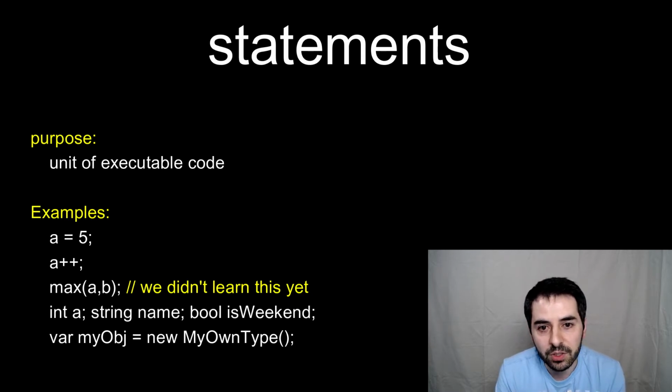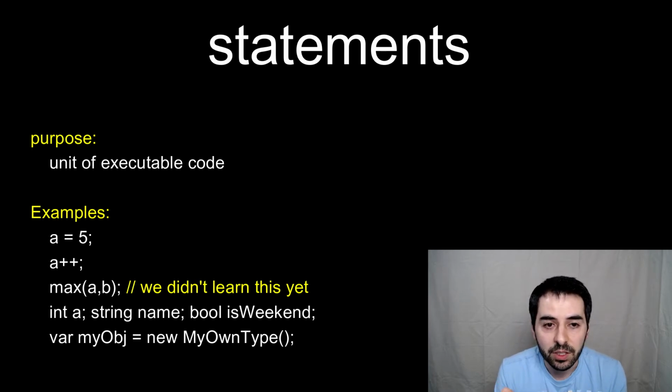So a statement means a complete unit of execution, and there are different ways to build statements. In most imperative languages, you can use a semicolon or some other terminating character to denote that this line is a statement. If we write a equals 5, it's an expression. But if we write a equals 5 and then a semicolon, in languages like Java, C# or C++, it becomes a statement.